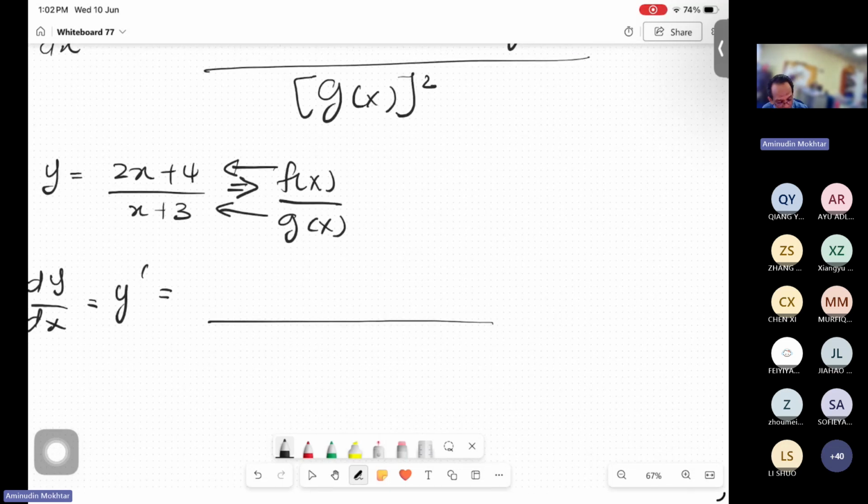Based on this example, f(x) equals 2x plus 4, so f prime of x is 2. The g(x) is x plus 3, and its first derivative is equal to 1.